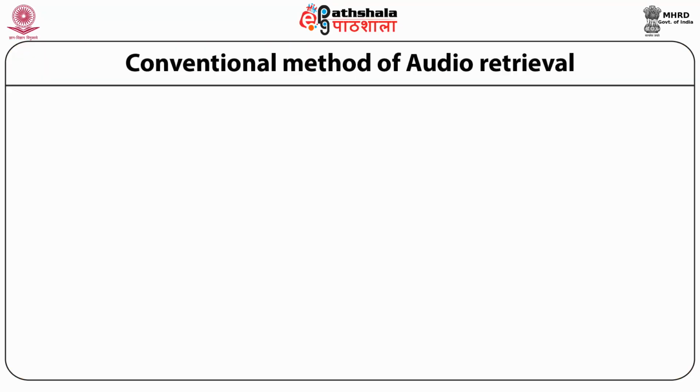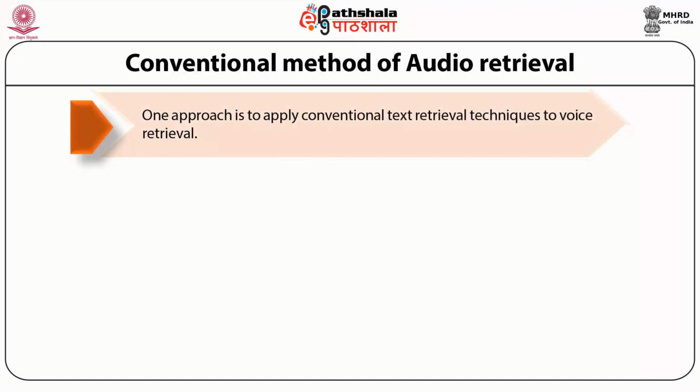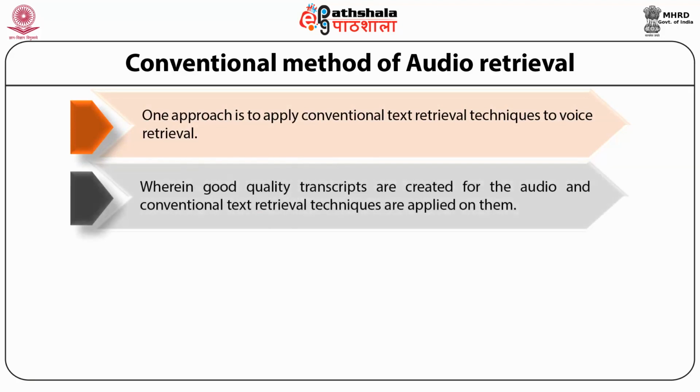In this slide we are going to talk about the various methods of audio retrieval. The first method we are going to discuss is the conventional method of audio retrieval. In this approach, conventional text retrieval techniques are applied to voice retrieval. Good quality transcripts are created for the audio and conventional text retrieval techniques are applied on them.